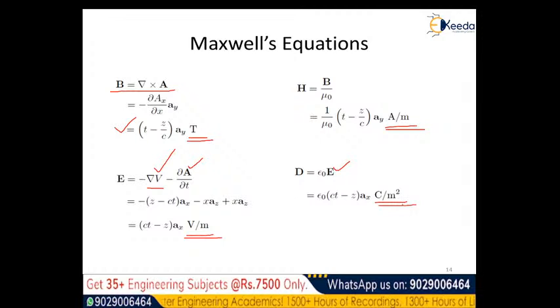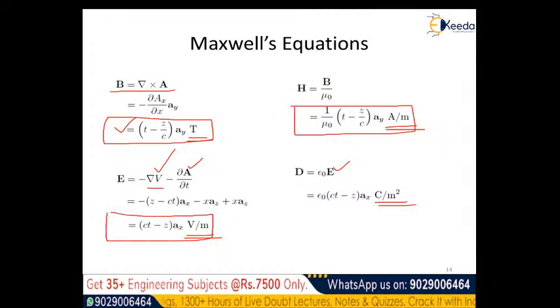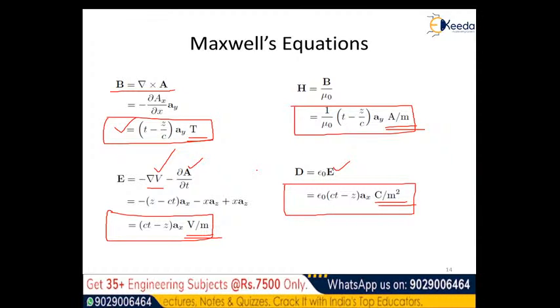So here I outline the answers. Capital B is equal to this much, capital H is equal to this much, capital E is equal to this much, and capital D is equal to this much. This is the answer to part B. We were asked to find B, H, E and D in part B, so this is the solution.